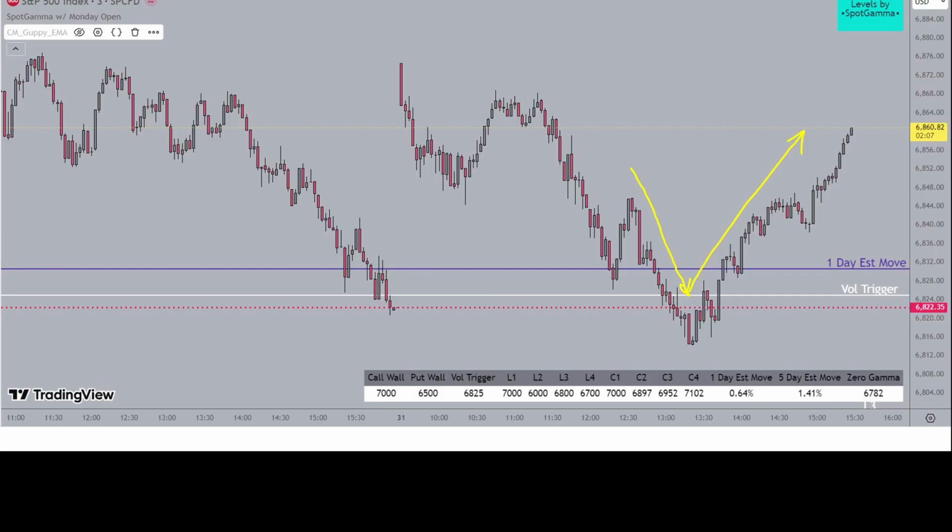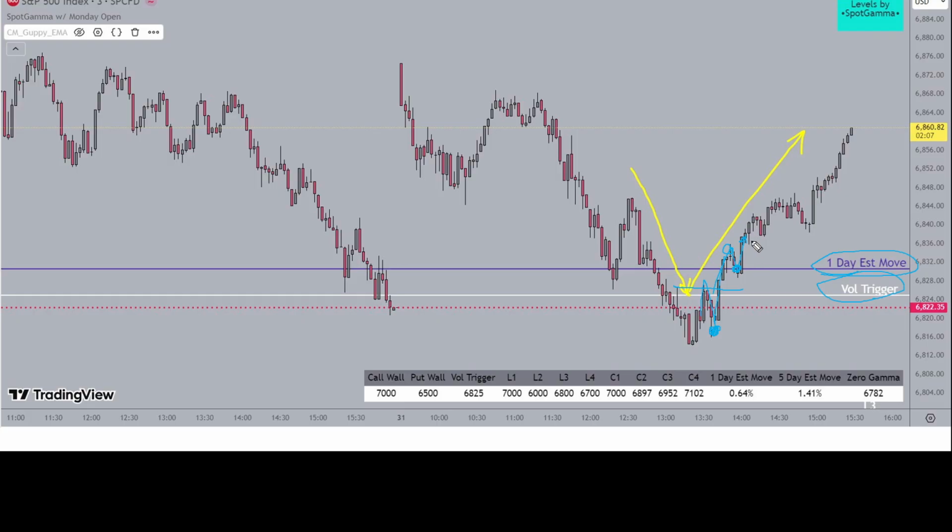See here how price goes down, touches the volatility trigger, tries to make a lower low but couldn't, and made a higher high, broke this level, broke this higher low, made a lower high or a higher low, broke the volatility trigger, made a higher high, retested the 1-day expected move, and after this broke with a big candle.